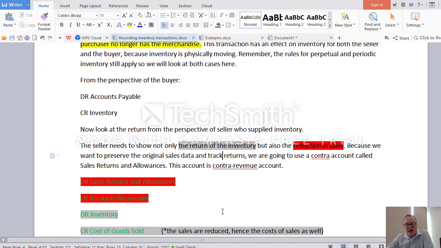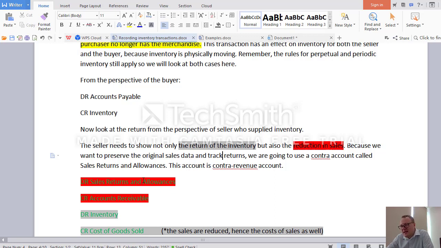Now look at the seller. When the seller sold the inventory, he credited sales. Now the inventory comes back to him, so you may think he needs to debit sales. No, we need to have a separate account to track these returns. So we will have an account called sales returns and allowances.